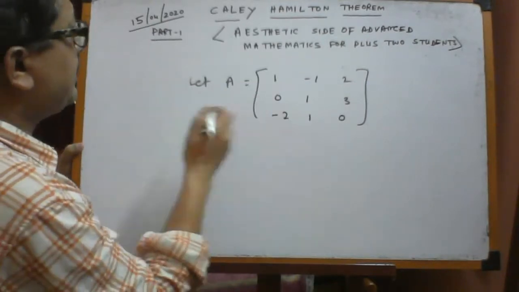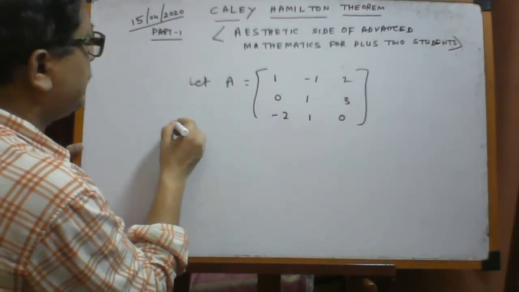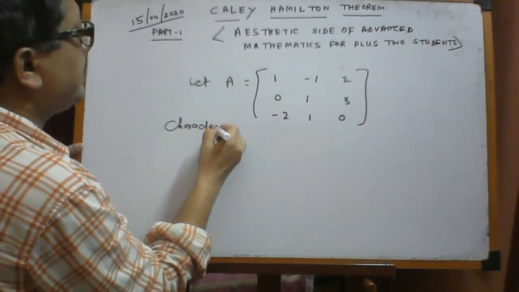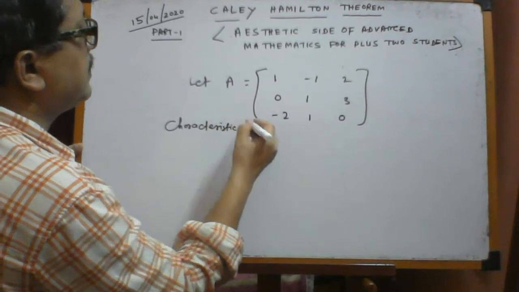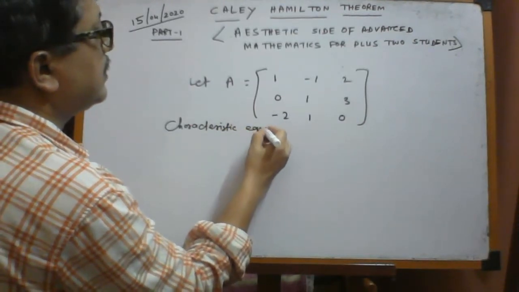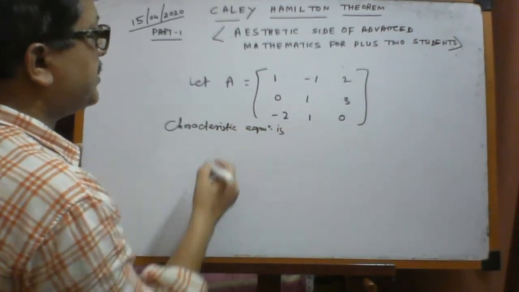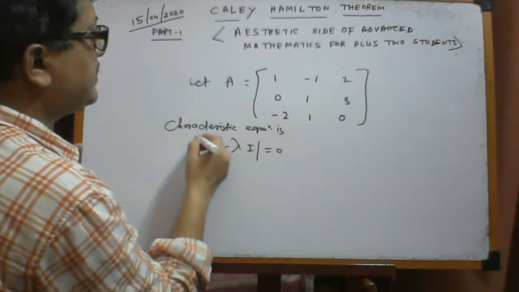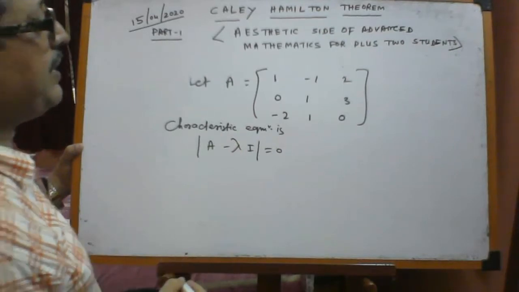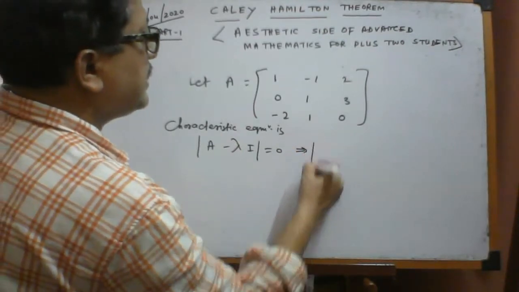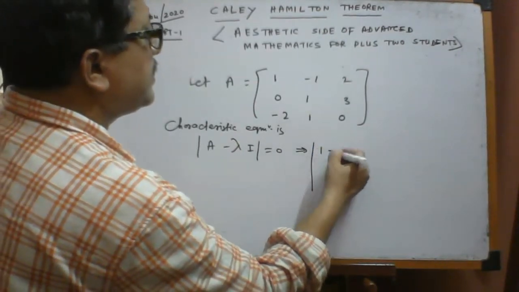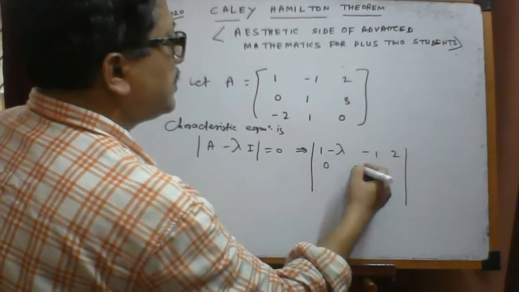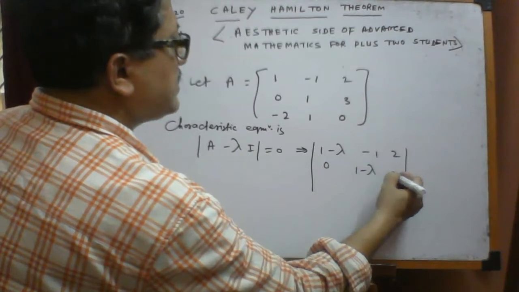I write the characteristic equation here. The characteristic equation is determinant of A minus lambda I equal to 0. The way I got previous one. This implies determinant 0, 1 minus lambda 3.